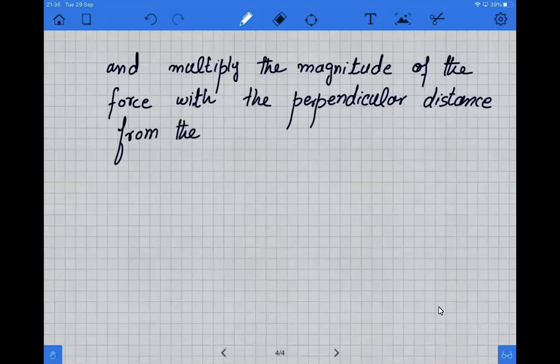So one option is to draw a perpendicular, find the length of this perpendicular, and multiply this length with the force, and this will give you the moment.